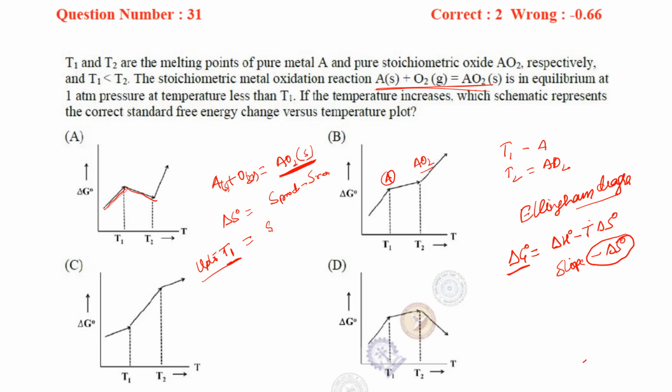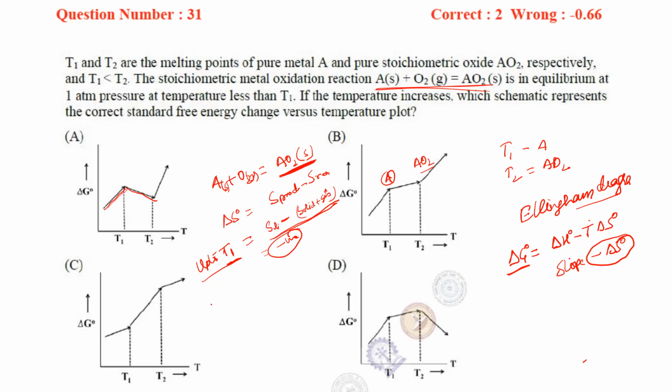So solid has got less entropy, minus solid; here minus with solid plus gas, and gas has got higher entropy. So overall this delta S naught will be what? Negative, right? That's why the slope is positive, because slope is minus delta S naught.